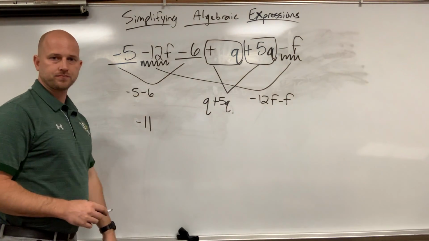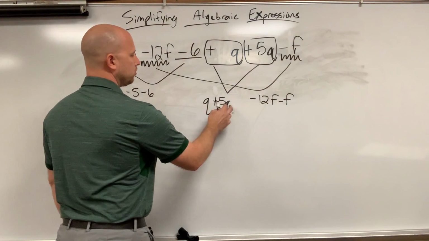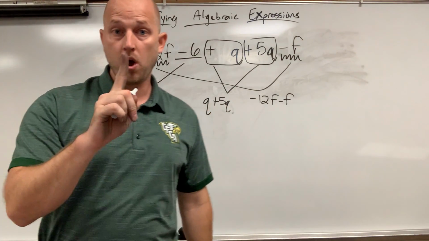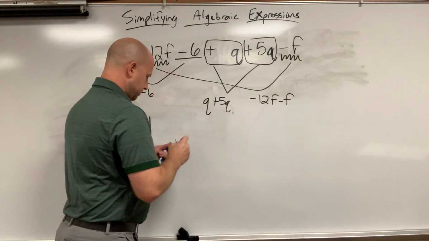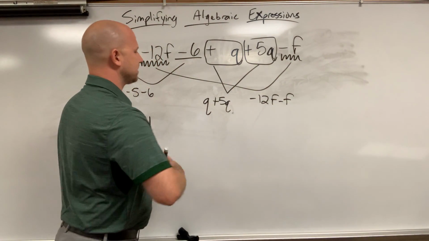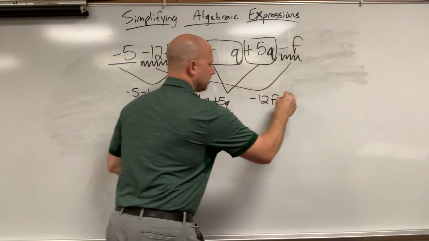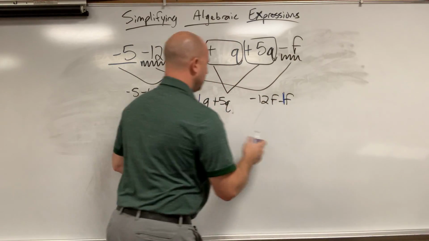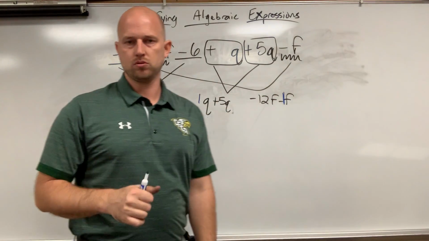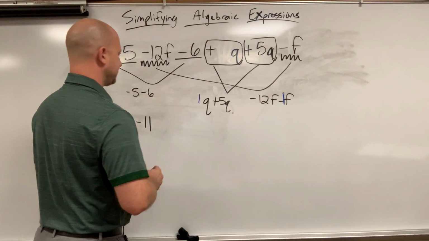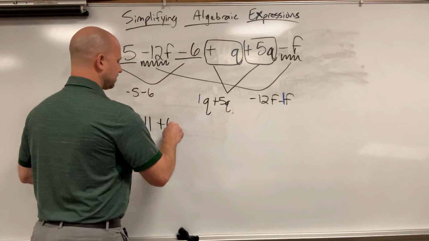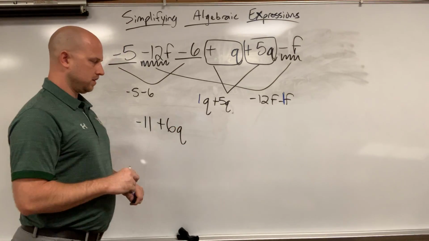Keep your sign, -11. Q, so remember I said it was a 1. So 1q plus 5q's. Again, let me put it in blue because it's not always there. 1 and a 1. So what's 1q plus 5q? Same signs add. 1 plus 5 gives you 6, and it's a positive 6q.